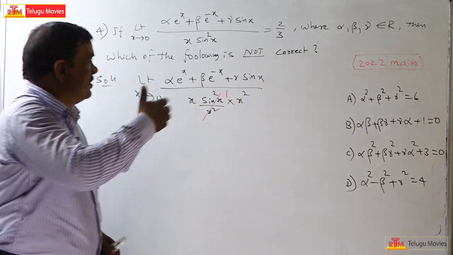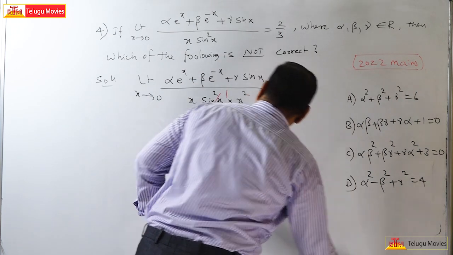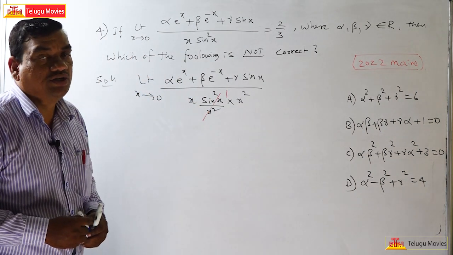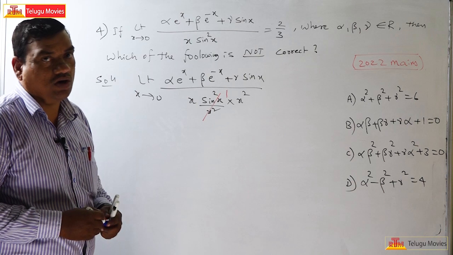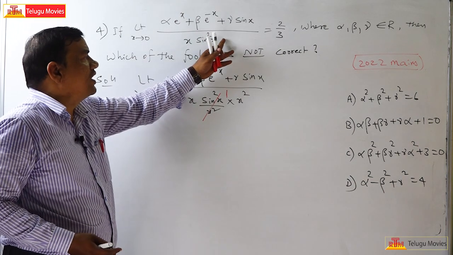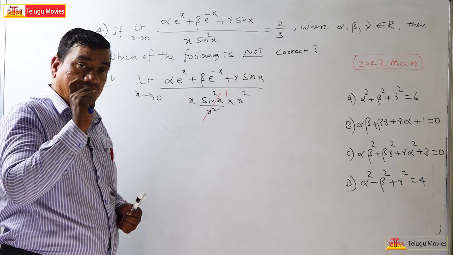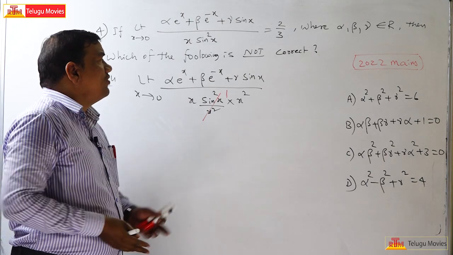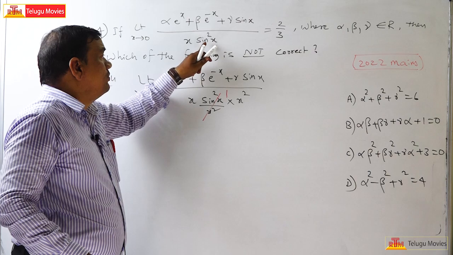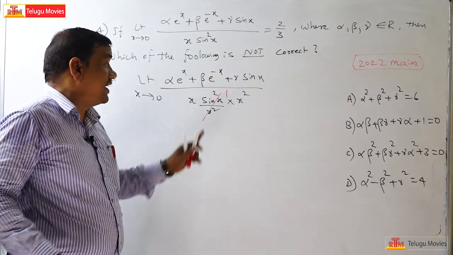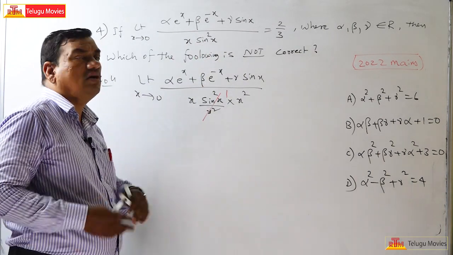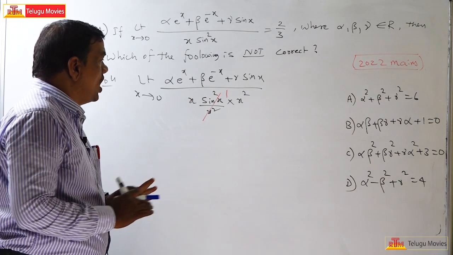Its value is equal to 1, leave it. In the denominator we got x into x square, x cube. If it were given as x cube, the problem would become somewhat simple. Instead, he has given x into sin square x, which means nothing but x cube.